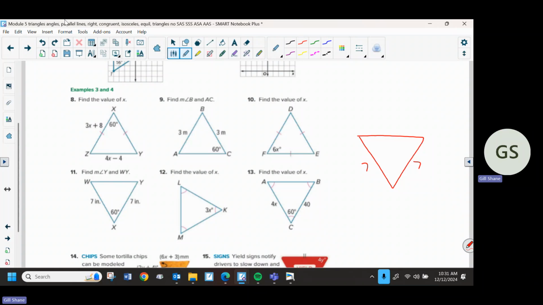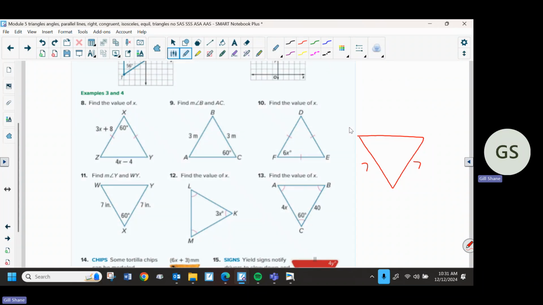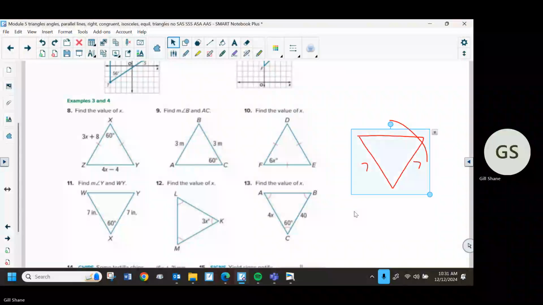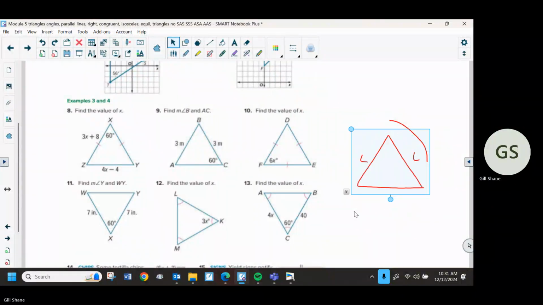So what you could do, like we said, if I want to make those two the left and the right side, well, I didn't think about it being upside down. Hopefully you understand. That means you have to turn that image and make the left and the right side the two congruent sides.